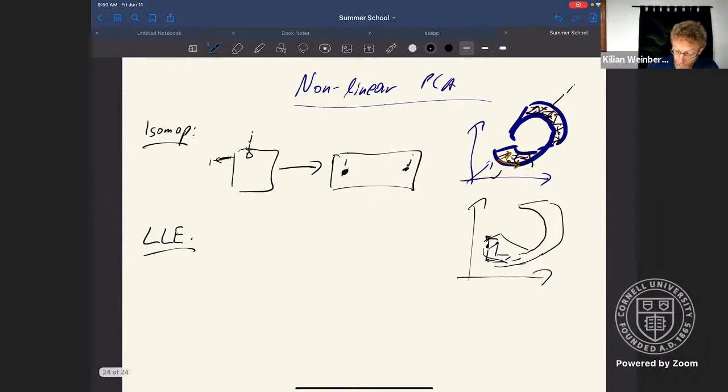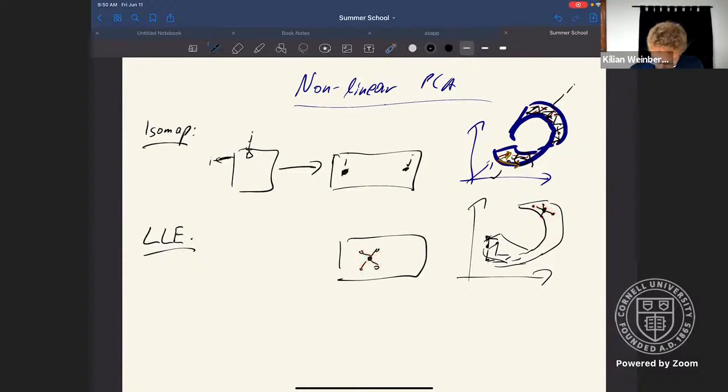Another algorithm is local linear embedding. Local linear embedding says, we take nearest neighbors, and we reconstruct each point from its nearest neighbors. Then we map them into a low-dimensional space, where I reconstruct each point from its nearest neighbors using the same weights as in the high-dimensional space.